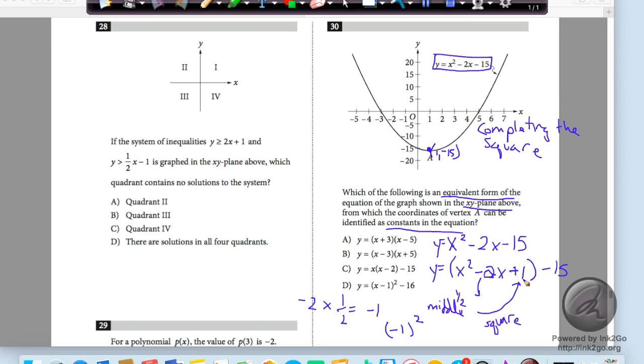But because I added a positive 1 here, I now also have to add a negative 1 on the outside to account for that positive 1. So altogether I'm now going to have negative 16, which means that most likely my answer will be D, given that I have my negative 16 here on the outside. So it definitely doesn't seem like it's A or B. It seems like it's between C and D.